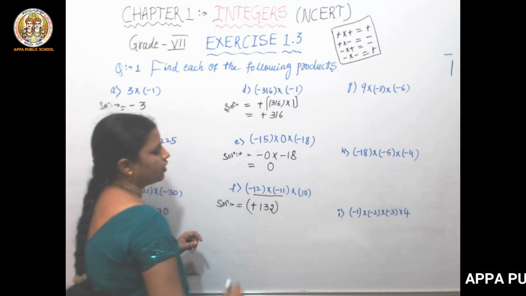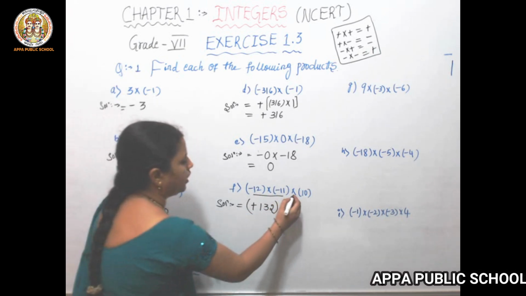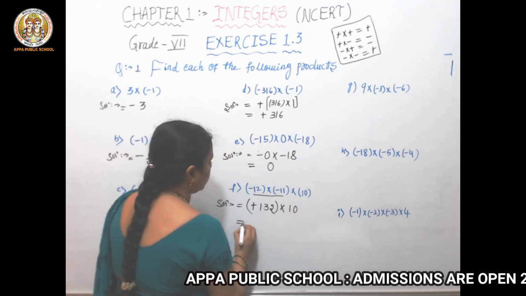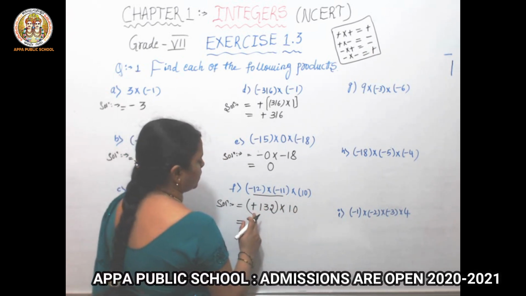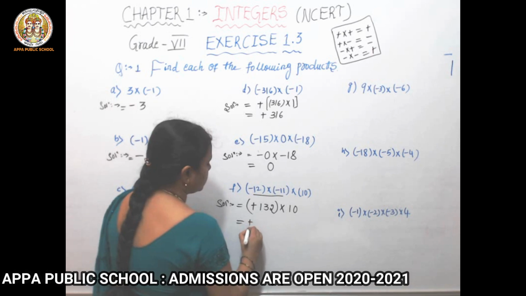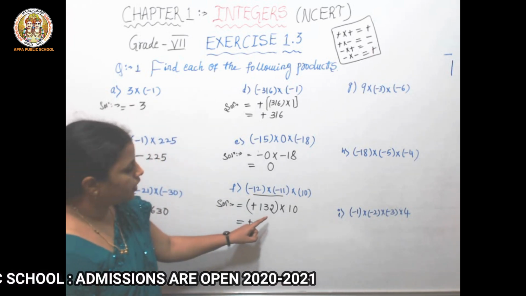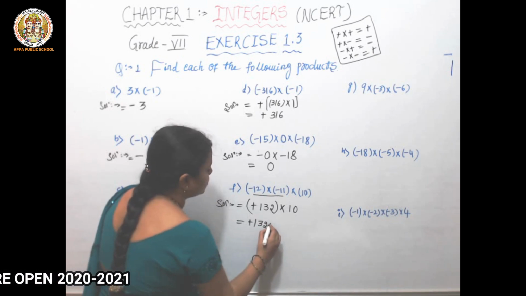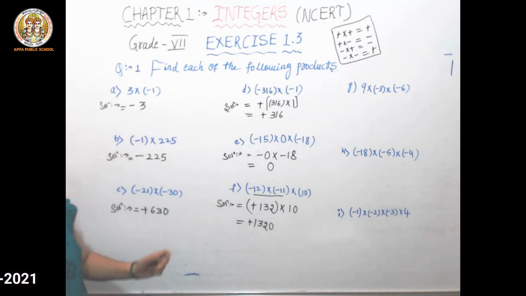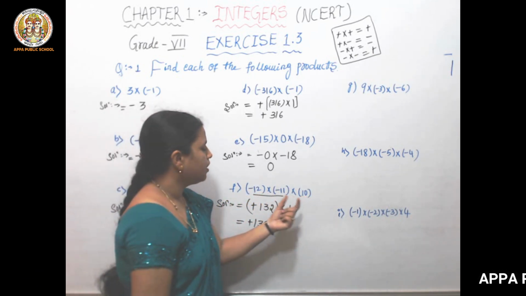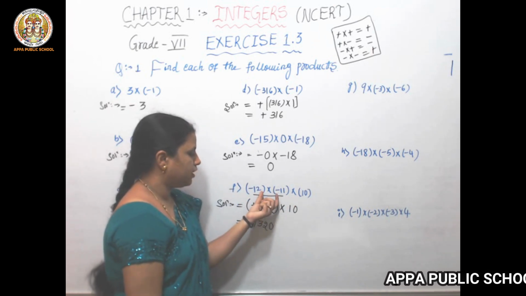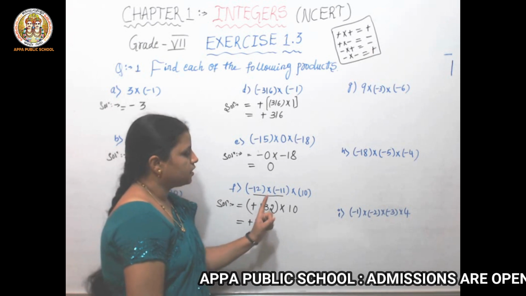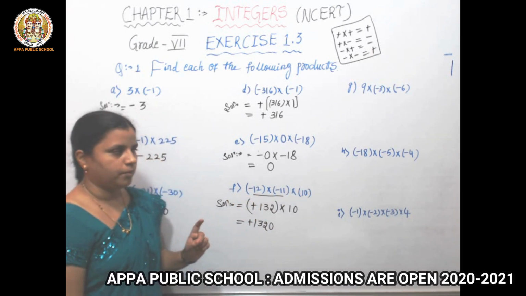You get it as a plus 132 and again this 10 as it is. Plus into plus, it is a plus. 132 into 10 is 1320. Whenever 3 numbers are there, first you make a group, multiply 2 numbers, and whatever the product we are getting, that product is multiplied with the third number.